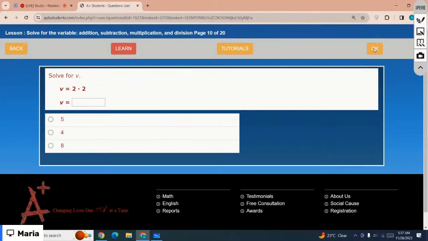Okay, V equals 2 times 2, which is the correct option? Yes, the correct option is 4.